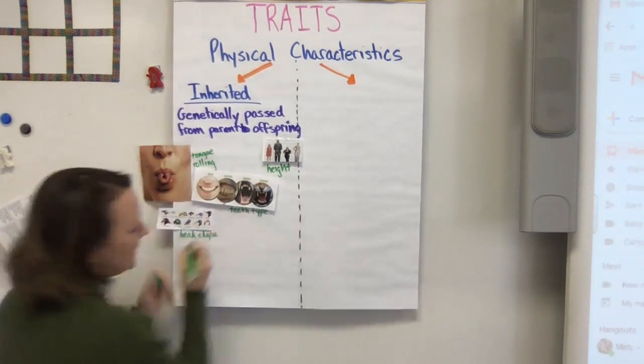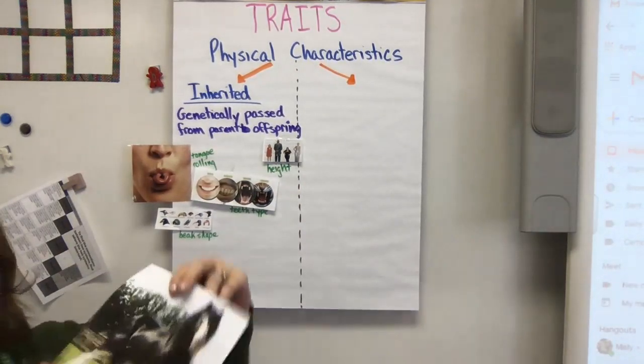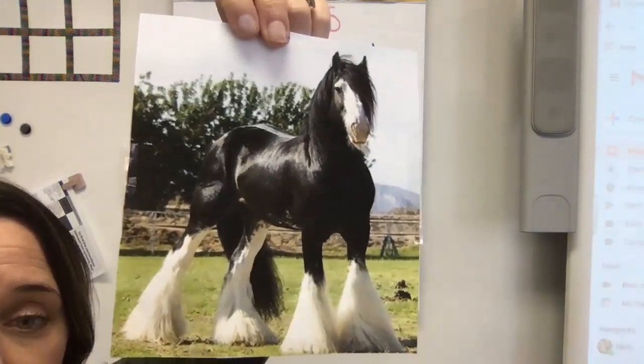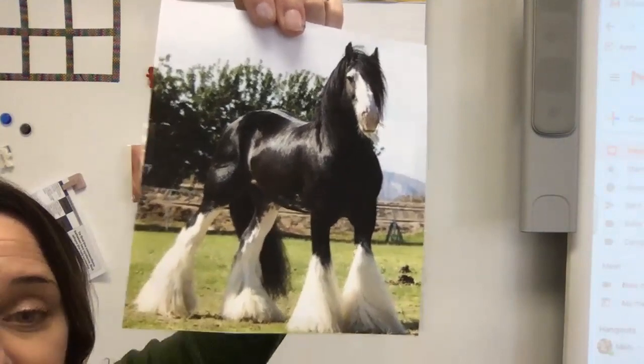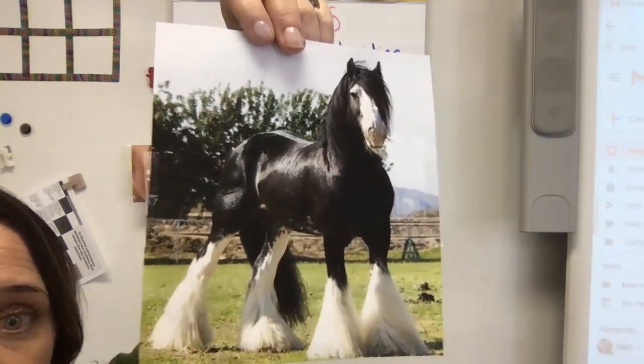All right. Here is another one. This is fur length. This is a horse that has very, very long fur on its legs. This is an inherited trait. This horse gets this from its parents.